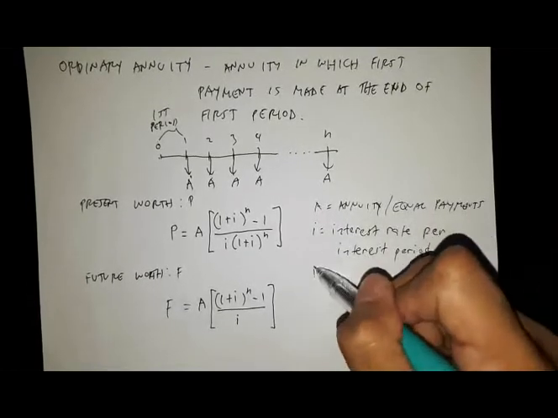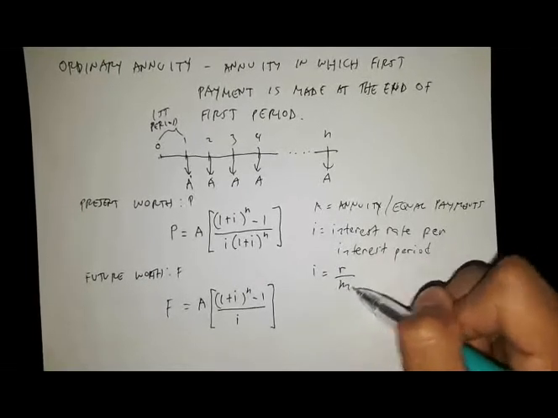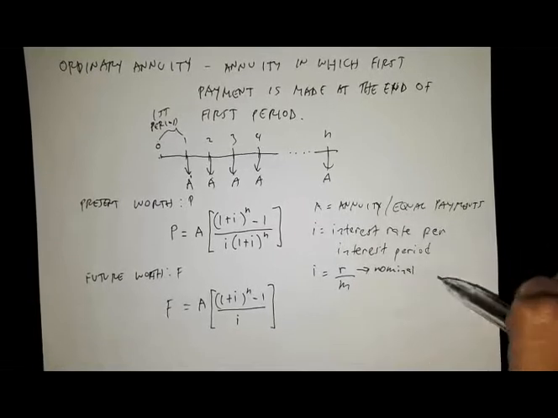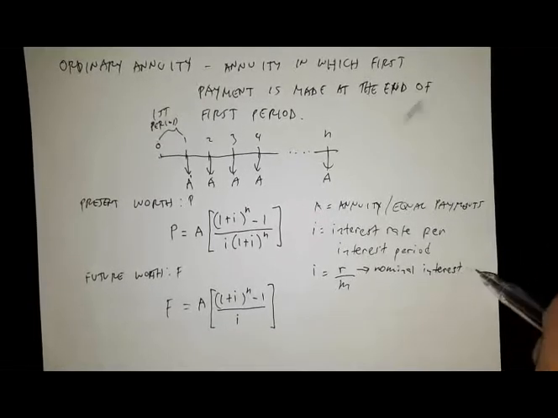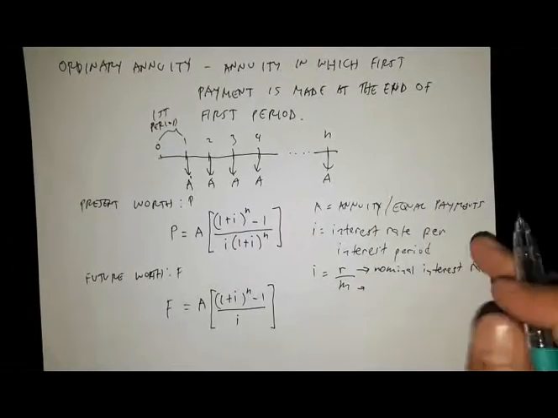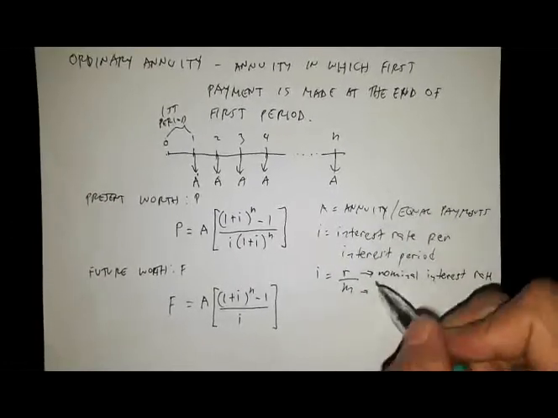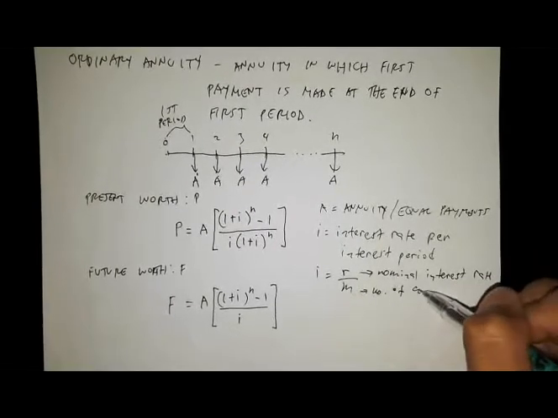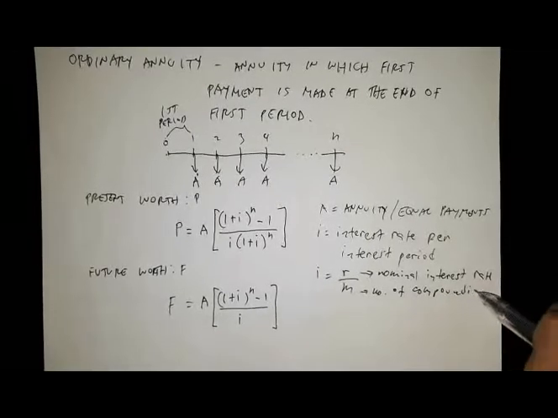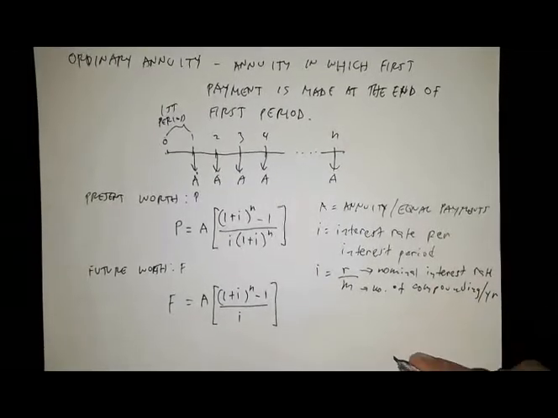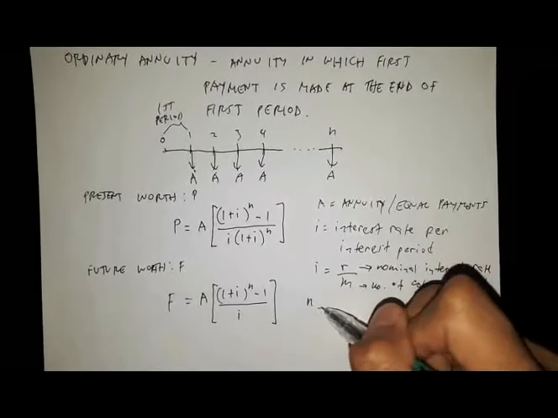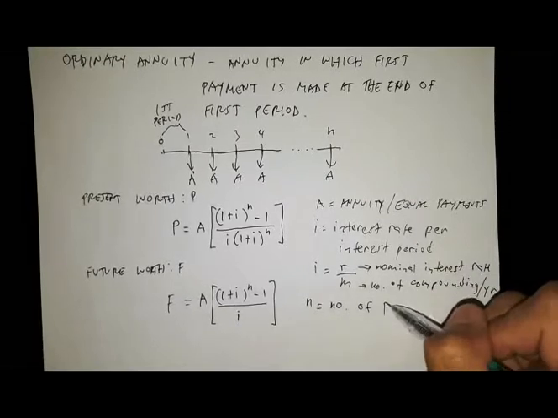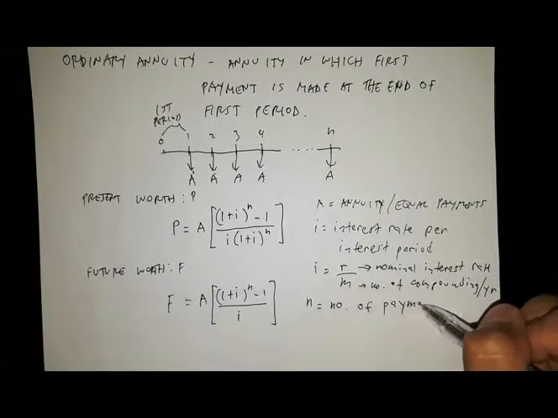Just like compound interest, i is equal to r over m, where r is the nominal interest rate and m is the number of compounding per year. n is the number of payments.